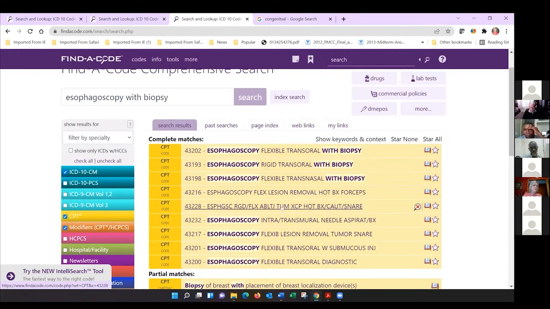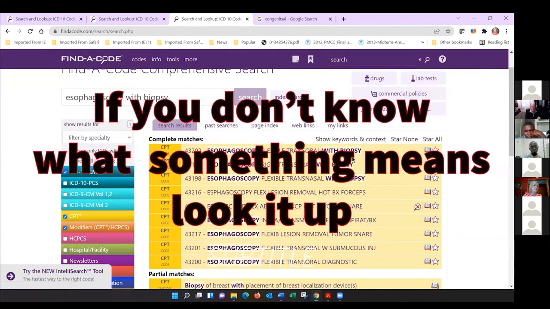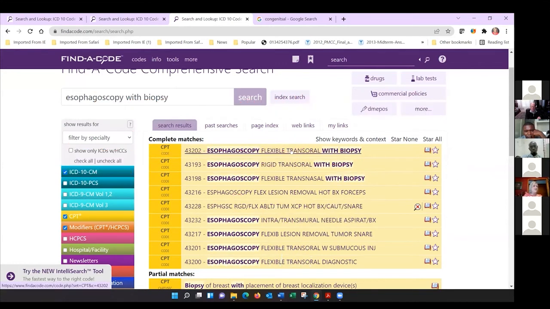But what I want to show you here is, when you're learning, if you don't know what these others mean, take the time to open them up, okay? Take the time to open them up. But for the sake of time, we're going to open up this very first one and make sure that it matches the procedure that we're trying to code for our physician.